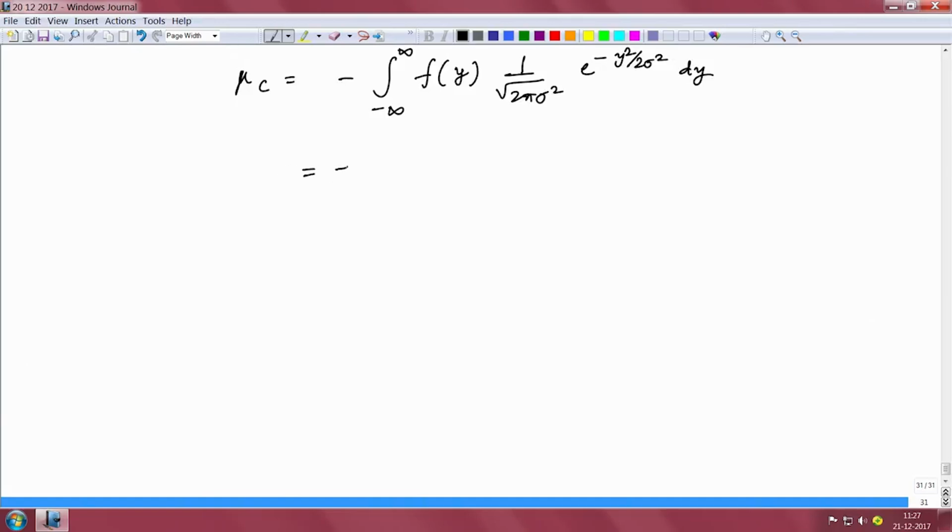We realize that this is actually the mean of the floor function operating on the random variable x. So mu c is equal to minus mu f. This is one of the equations, let us call it star.